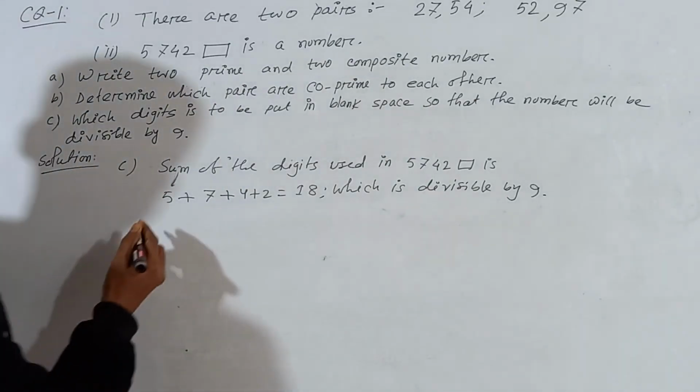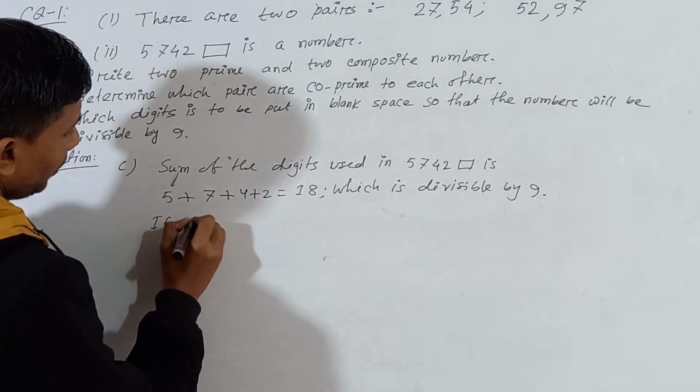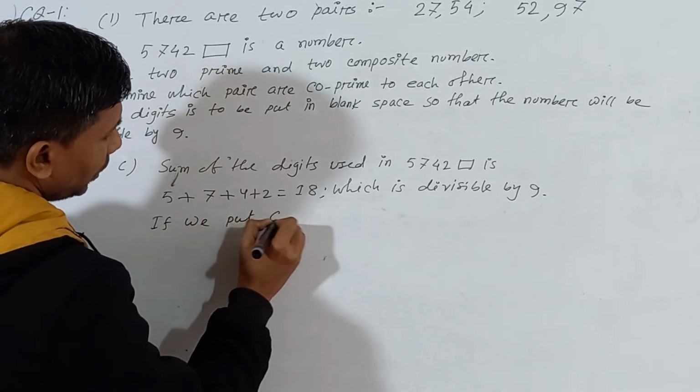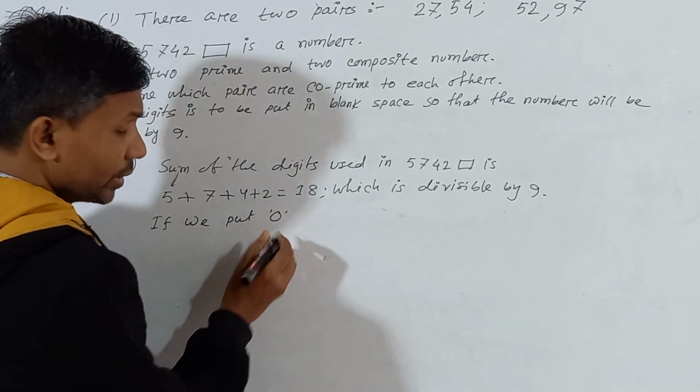Now look, if we put 0, this is one type of digit.